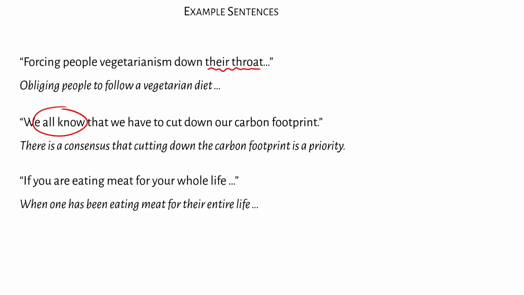If you're eating meat your whole life, you could say something like, when one has been eating meat for their entire life. Right, that's a bit more formal. You don't want to use this too often, so you don't want to say one everywhere, but it's kind of the best solution in this case.